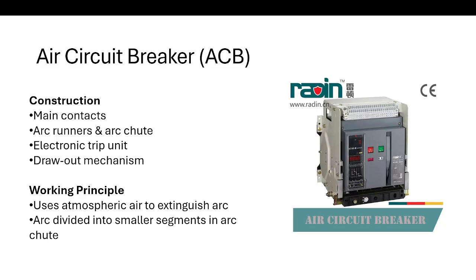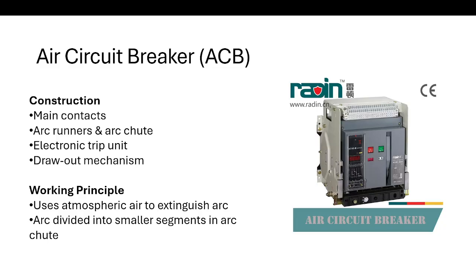Main contacts carry normal current and open when a fault occurs. Arcing contacts separate after main contacts and handle the arc during interruption. The arc extinguishing chamber splits and cools the arc, extinguishing it safely using atmospheric air.